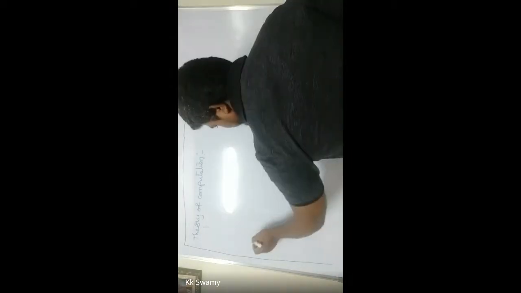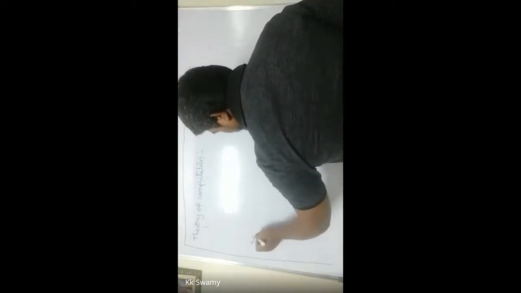That's why before designing models, we need to learn the language. So first we'll start from the central concepts of automata theory. Central concepts of automata theory are the basics of formal languages. So what are the basics of formal languages? For any language, first we will start from the symbols.